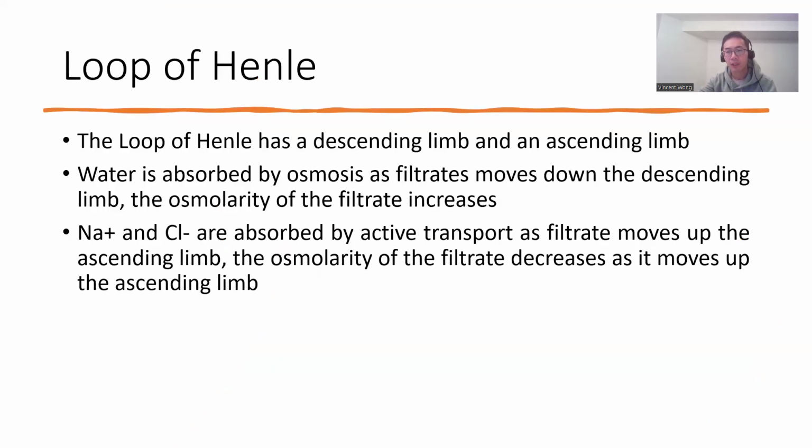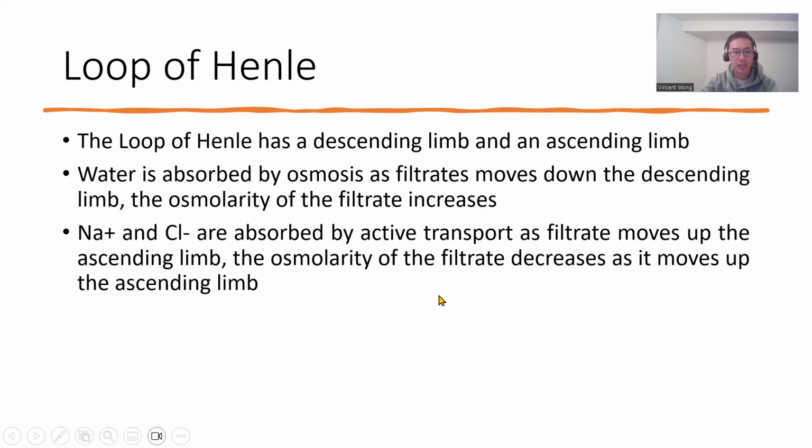Okay, next we have the loop of Henle. The loop of Henle, as you know, has the descending limb that goes down to the medulla and the ascending limb that comes back up. The main function of the loop of Henle is water absorption, as well as sodium chloride absorption. So on the way down, we're going to be absorbing water, and on the way up, we're going to be absorbing sodium chloride.